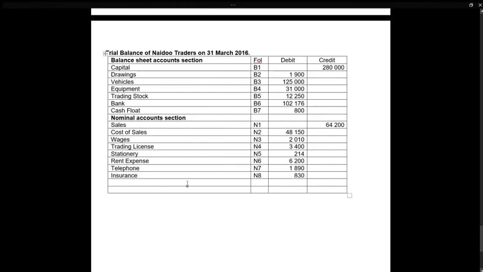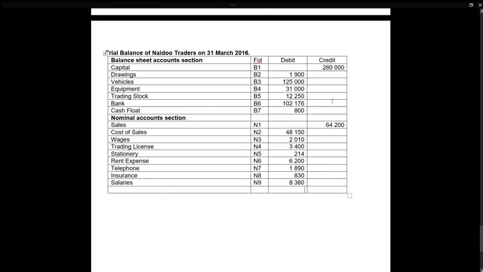Then we had salaries, which will be N9, and salaries was an amount or debit balance of 8,380 Rand.